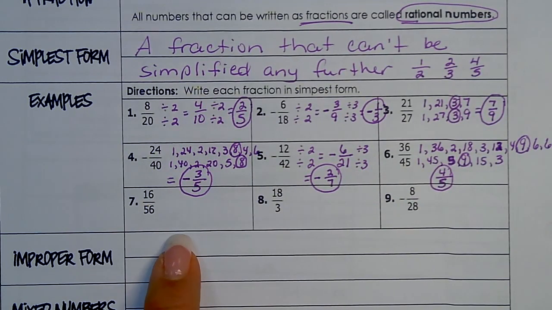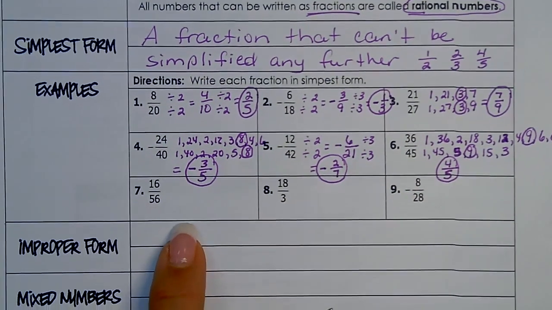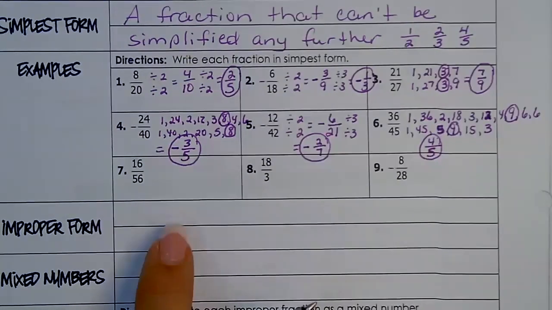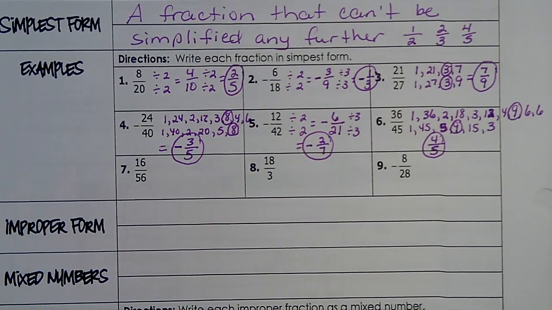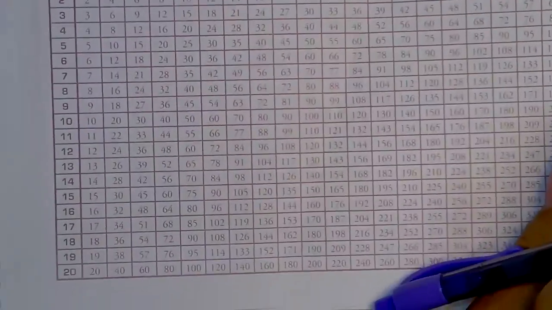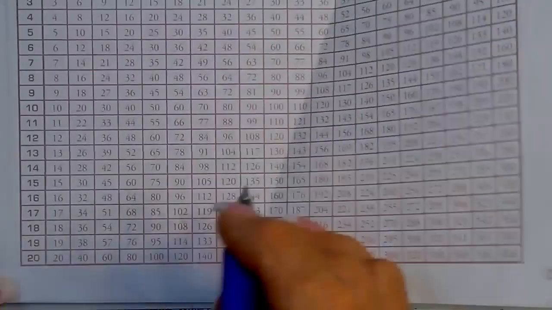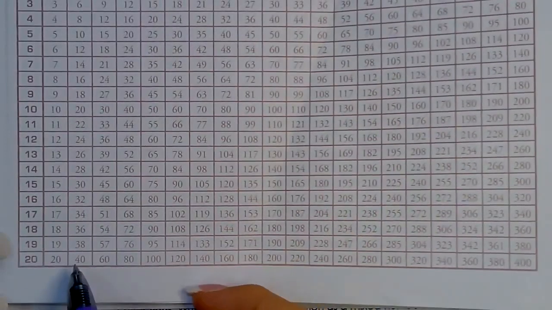All right, 16 and 56. I'm going to show you a third way. If you have a multiplication chart, this way can come in handy. So I'm going to look for a column or a row that has 16 and 56 in it and see if I can find the common factor. I'm looking for 16.